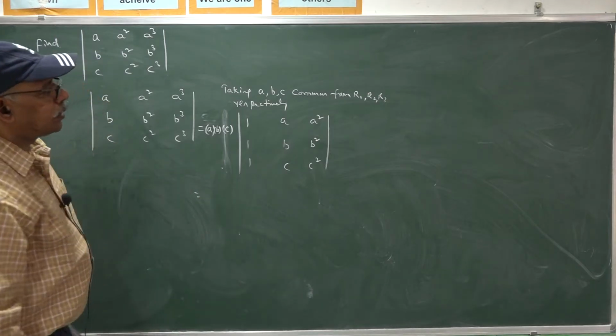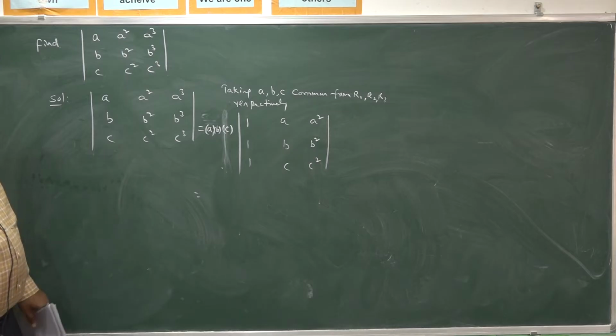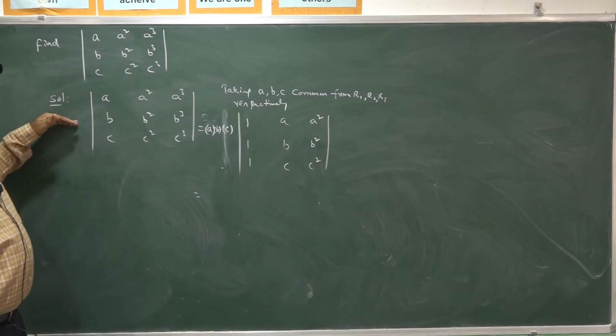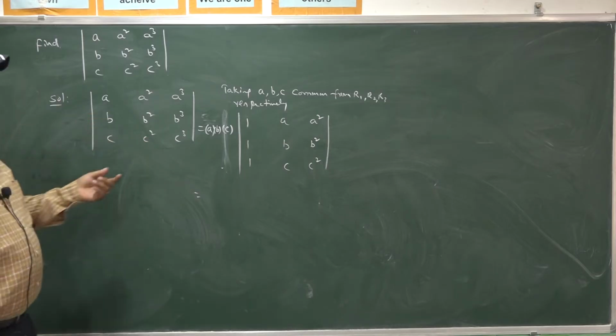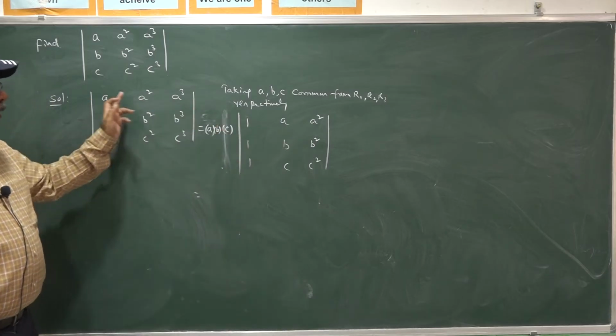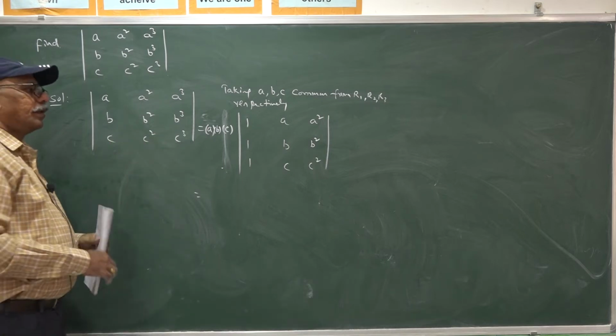Taking A, B, C common from R1, R2, R3 respectively. From the first row you can take A as common, from the second row you can take B as common, from the third row you can take C as common. So that we get A, B, C into the determinant of 1 A square, 1 B square, 1 C square.